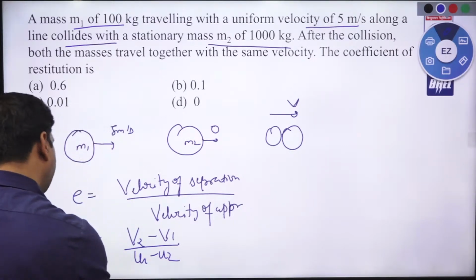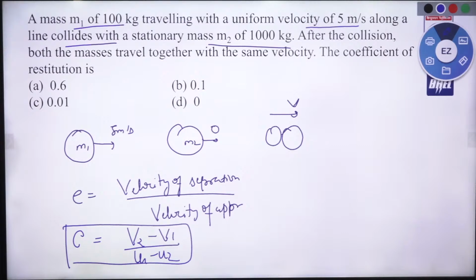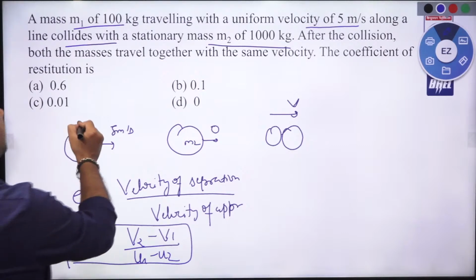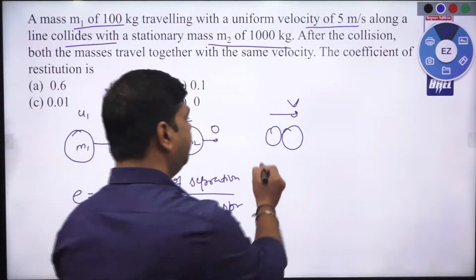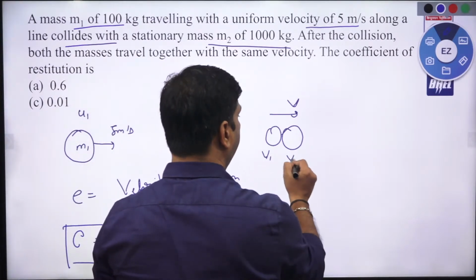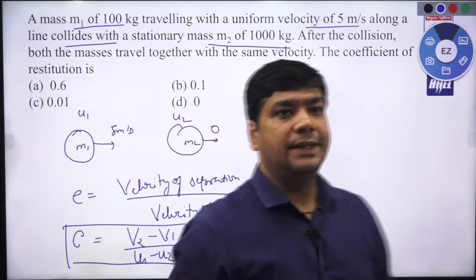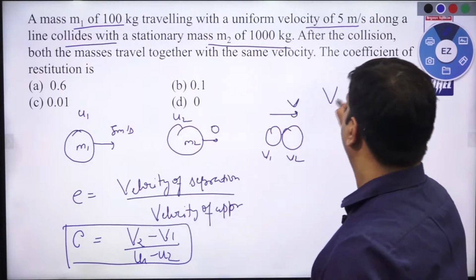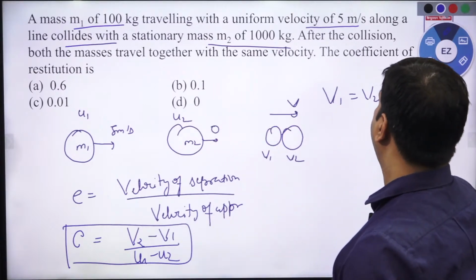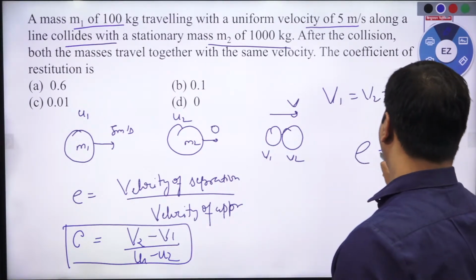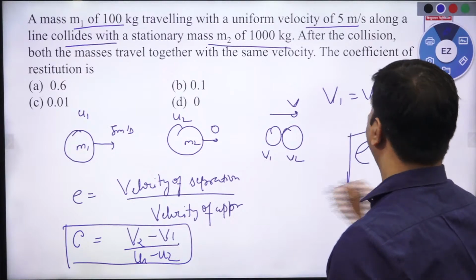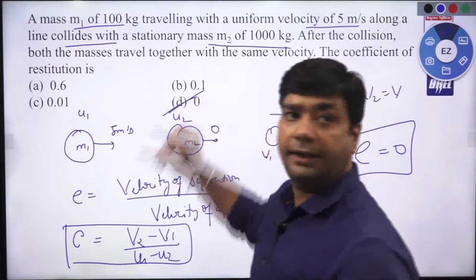That is known as the coefficient of restitution. This is having the u1 velocity, this is having the u2 velocity, and these are v1 and v2. Here you can see v1 equals v2 equals v. If I put this in the formula, you get the coefficient of restitution equals to 0. So the answer is again D.